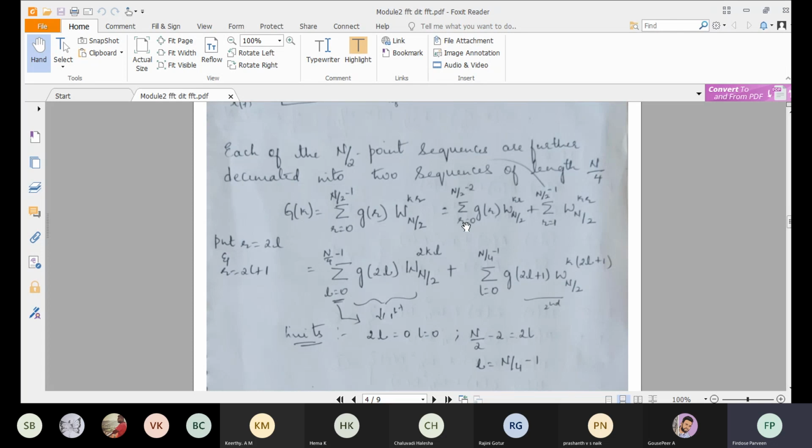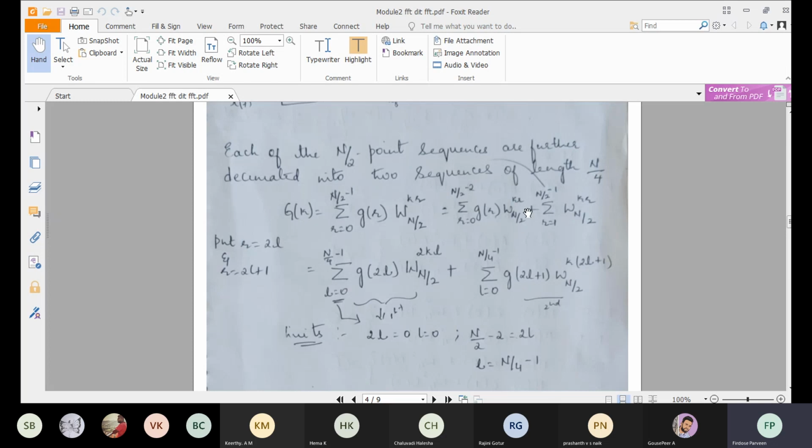So summation r equal to 0 to n by 2 minus 2, g of r W n by 2 to the power of k r, plus summation r equal to 1 to n by 2 minus 1, W n by 2 to the power of k r. The same as previously, even and odd. Next we will put r equal to 2l in the first part.